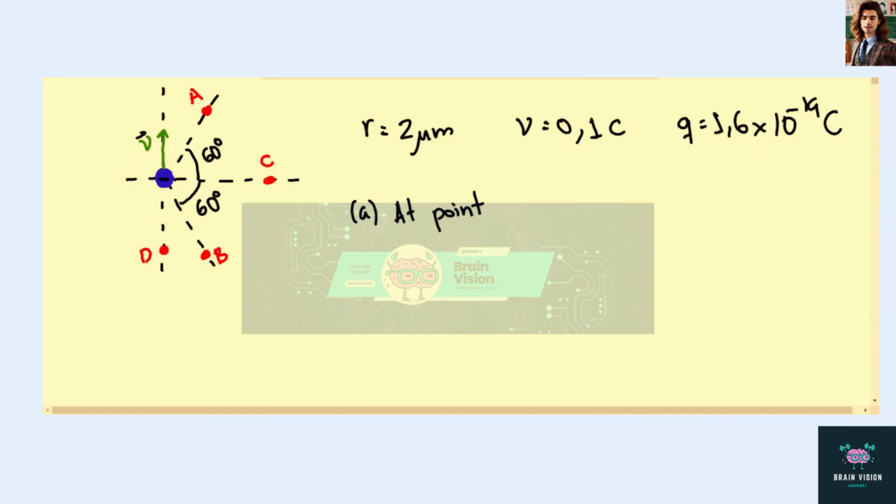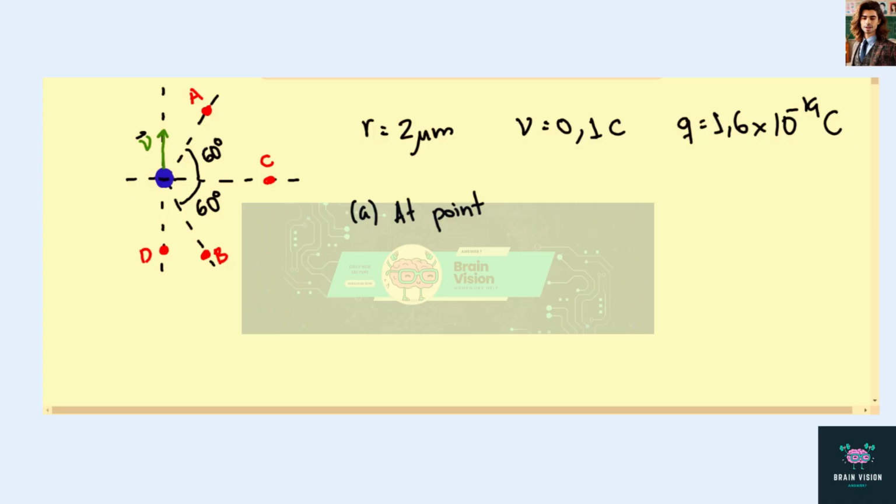So for this problem, we need to calculate the magnitude and direction of the magnetic field that this electron produces at some given points. Each of them is at a distance r of 2 micrometers, and the electron has a velocity of 0.1 times the speed of light.